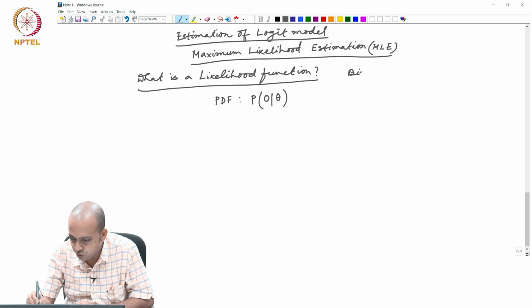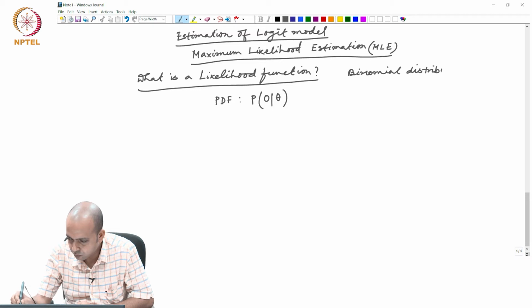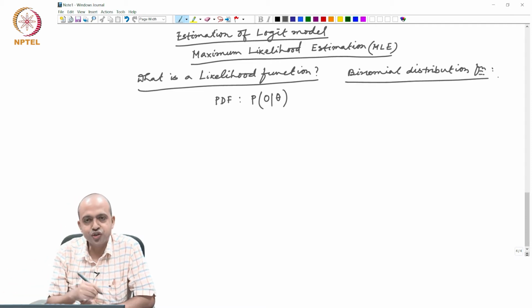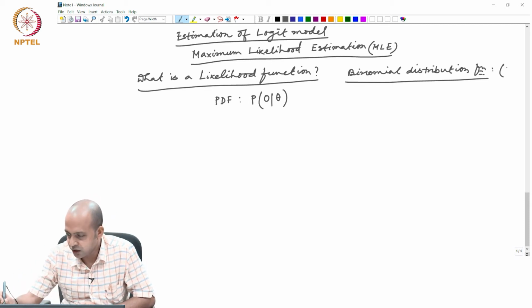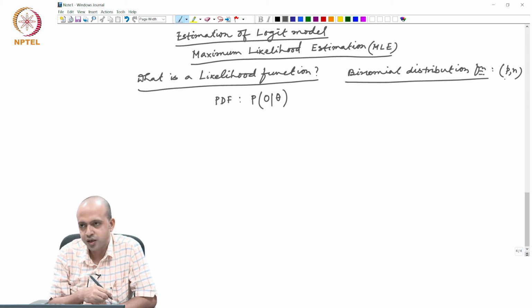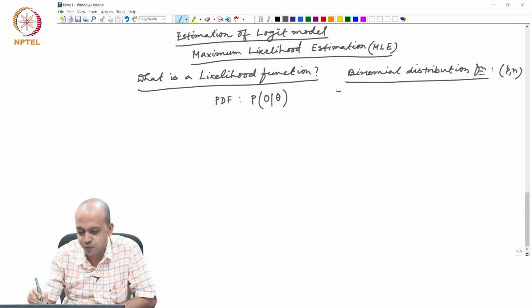So, that means from PDF, let us say from a binomial distribution function, which is given by two parameters n and p, right, n and p. So, I can answer this type of question.